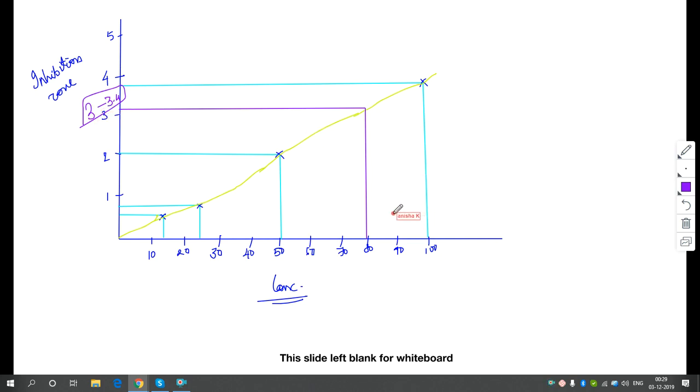Describe the relationship between the concentration of antiseptic and its effectiveness at preventing bacterial growth. Okay. Now what can you write about bacterial growth?